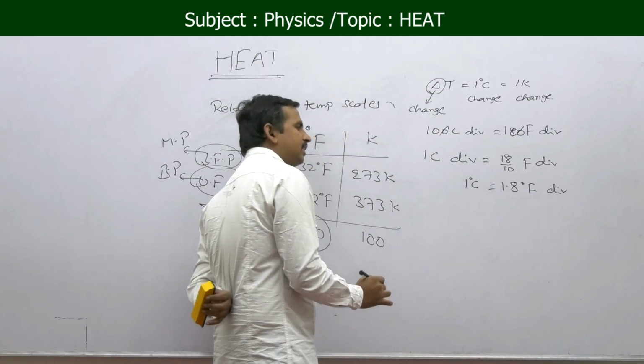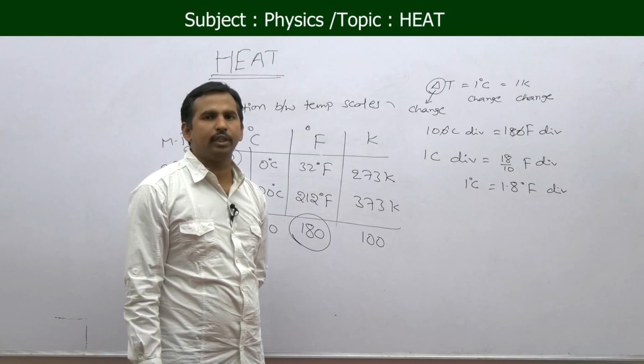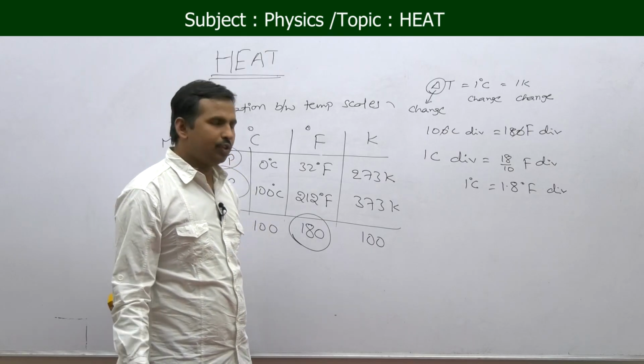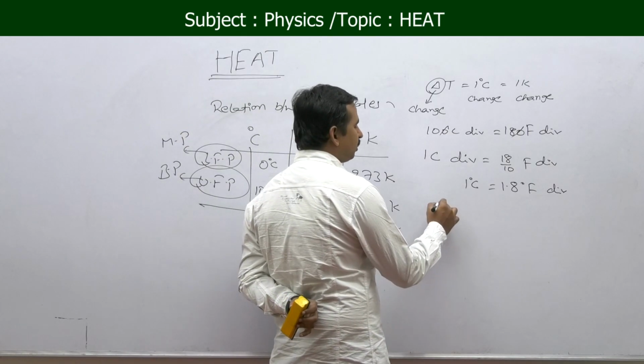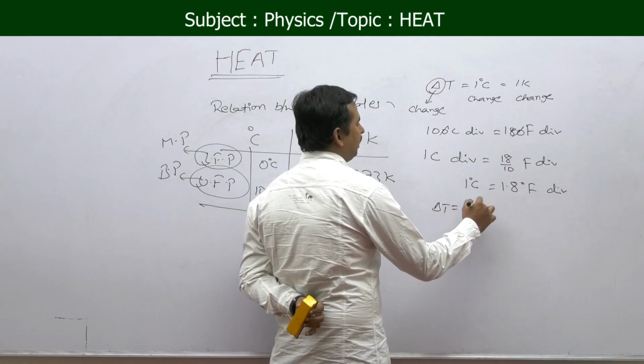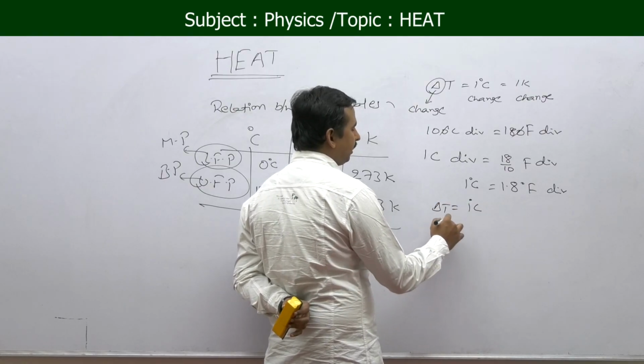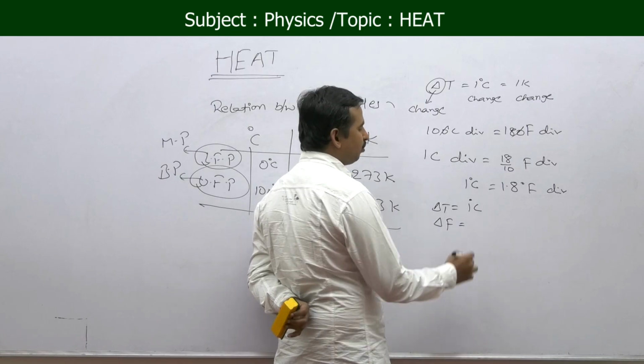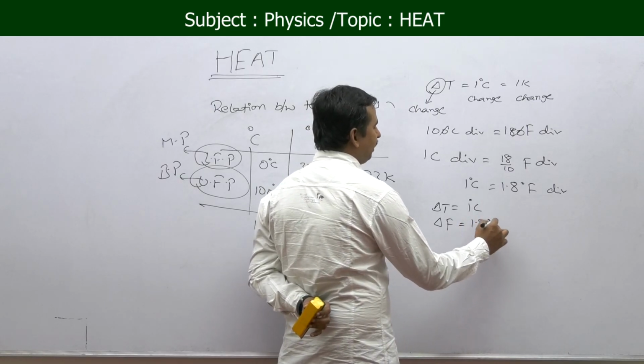1 degree Celsius division is equal to 1.8 degree Fahrenheit, which means that if I raise the temperature by 1 degree Celsius, on the Fahrenheit scale it changes by 1.8 degree Fahrenheit.